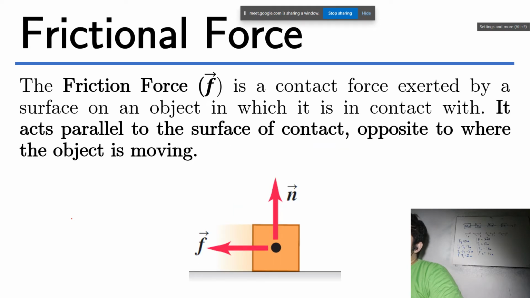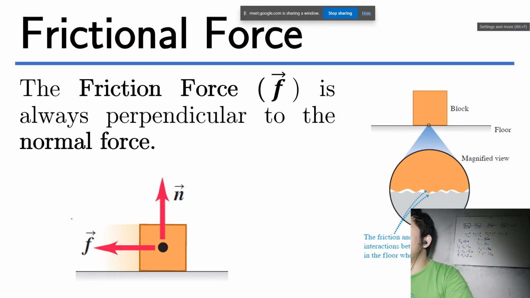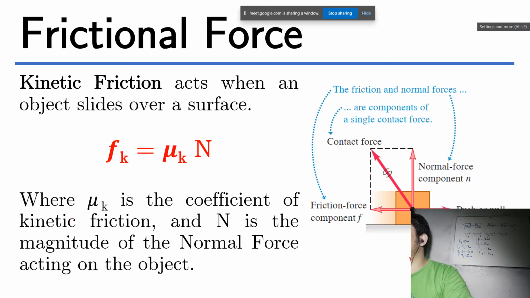And lastly, friction. Contact force exerted by a surface on an object in which it is in contact with. It acts parallel to the surface of contact opposite to where the object is moving. Okay? Parati sa perpendicular sa normal force. Kinetic friction kapag nagsaslide, ayan na, nakasabi dyan, nagsaslide yung object over a surface.